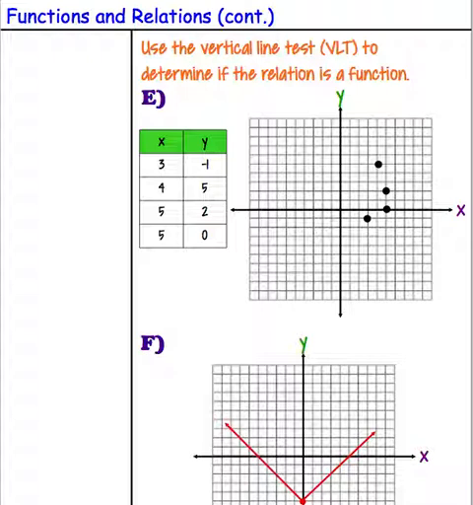So as you can see, if I start making my vertical lines, I'm good here, I'm good here, and here, oh, I go through 2 points. Go through a point here and a point here with the vertical line, which means if I connected those points in any way, they would have a line that would go through 2 x values of the same one mapping to 2 different y values, therefore making this not a function.